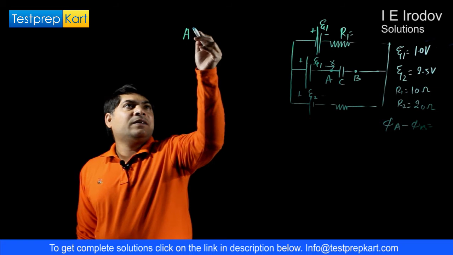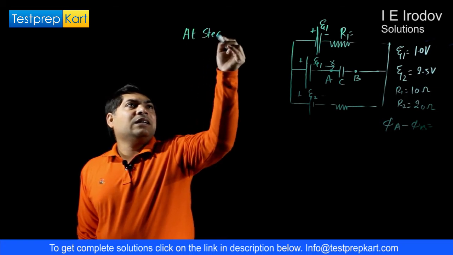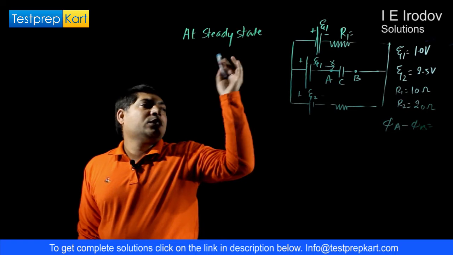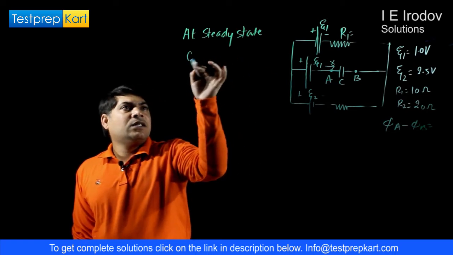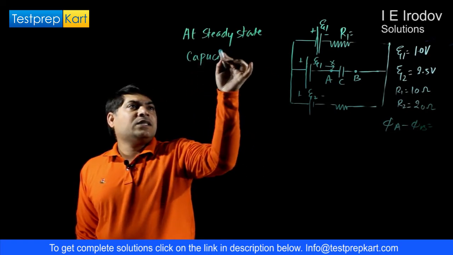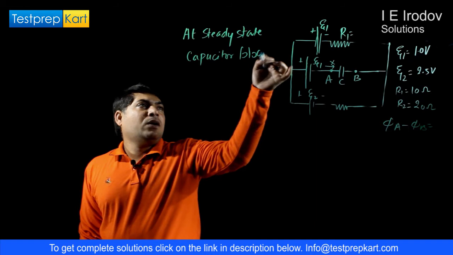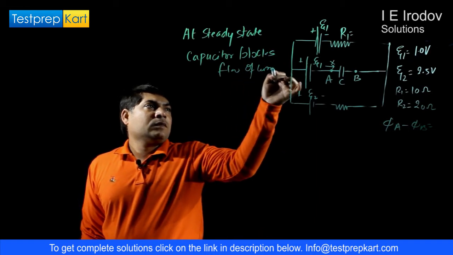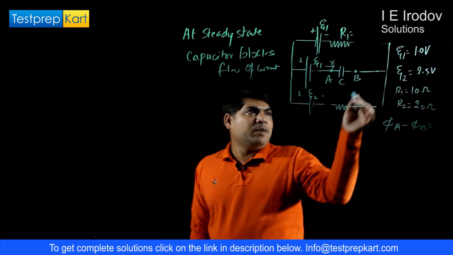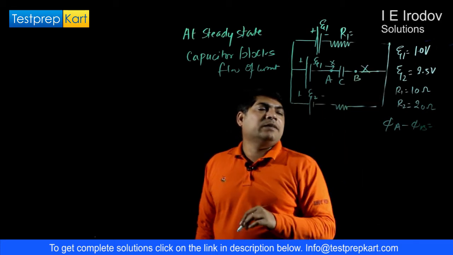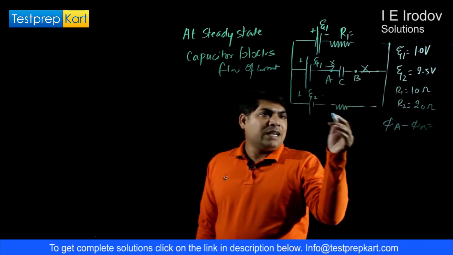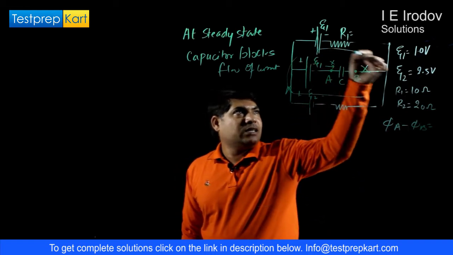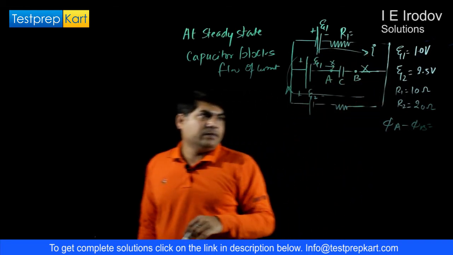So we can write that at steady state, when the capacitor is fully charged, the capacitor blocks the flow of current. Okay, it means there will be no current in this branch. So the total current I will pass through this external circuit, the current I.